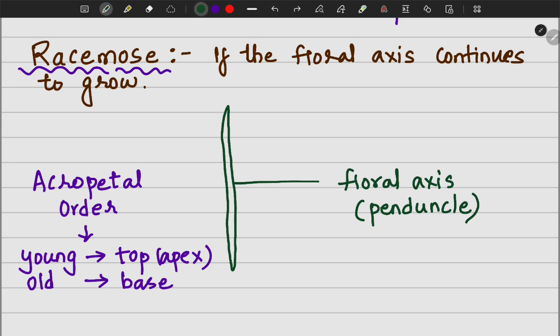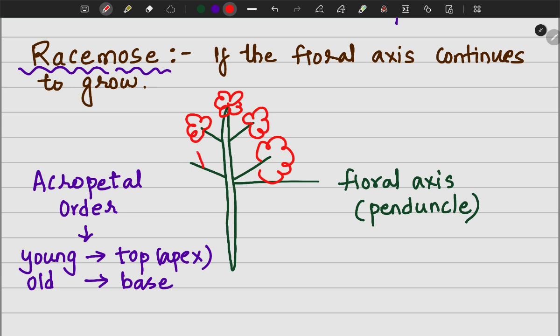So let us draw the flowers in acropetal succession. The younger flowers will be at the apex or the top. This floral axis also has a flower, and it will continue to grow. Then a bit older flowers will be here, and the oldest flower will be at the base.